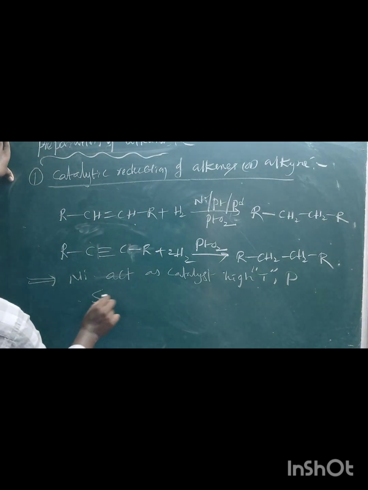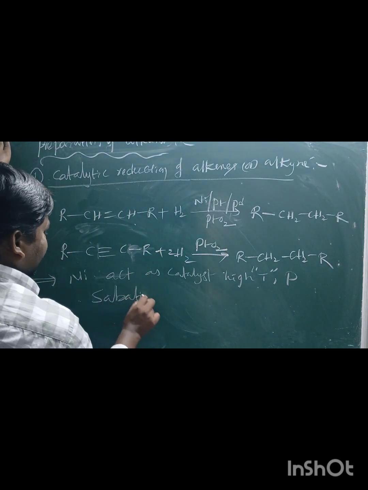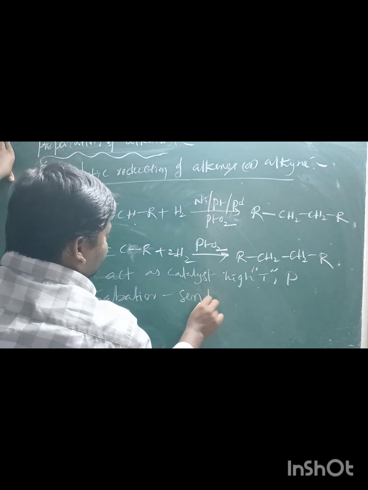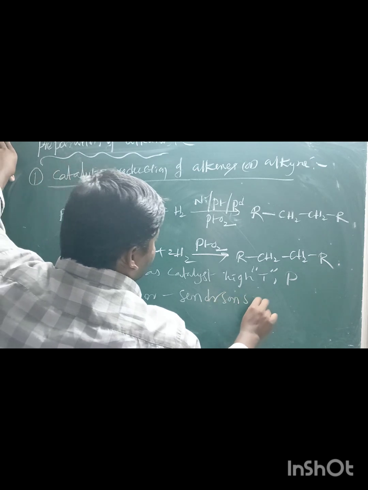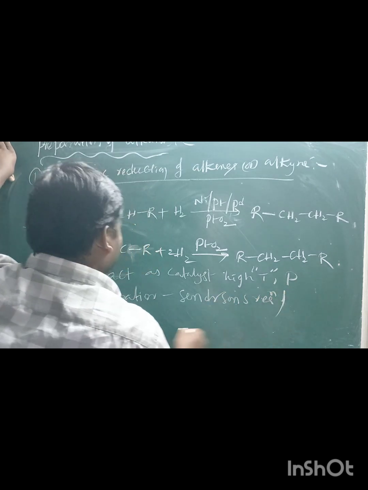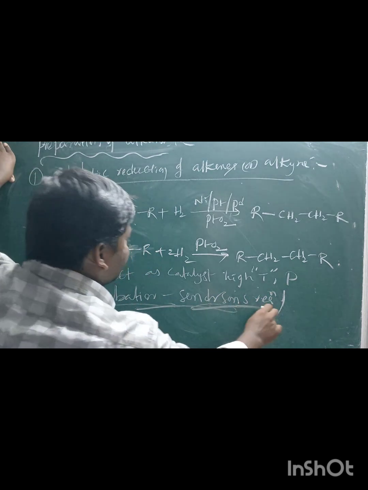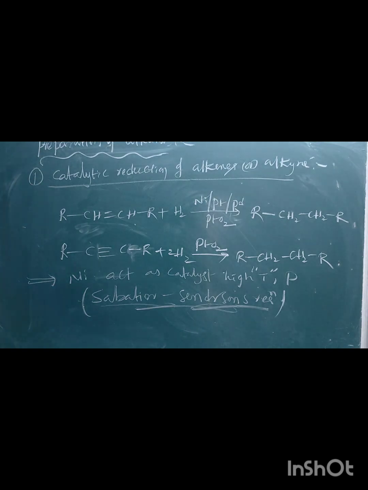Then the reaction is called the Sabatier-Senderens reaction. Methane cannot be prepared in this reaction. The reduction may also occur with either platinum or palladium. The temperature is 150 to 250 degrees Celsius.